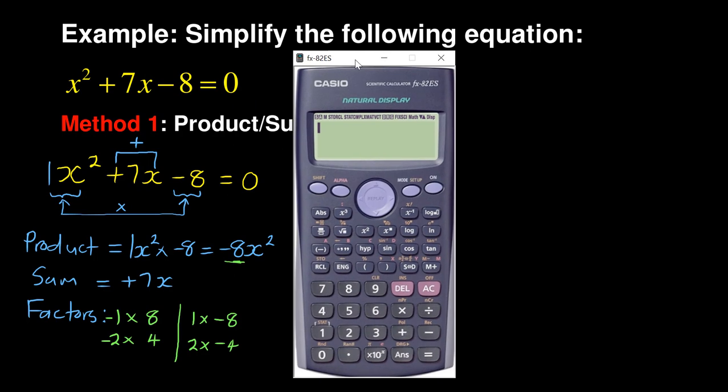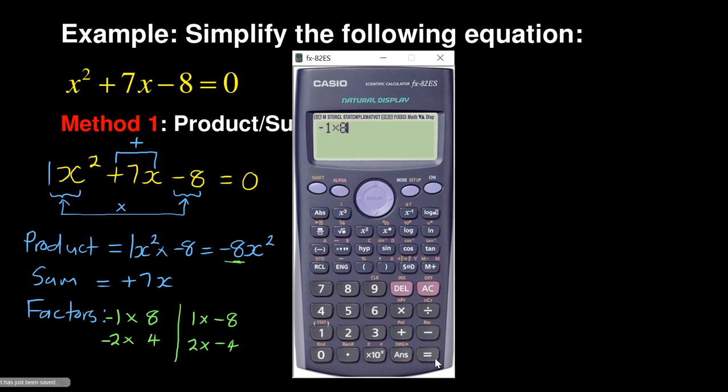Remember, product means times. Minus 1 times 8 gives a negative 8, or minus 2 times 4 gives a negative 8, or 1 times negative 8 gives a negative 8, or 2 times negative 4 gives negative 8.